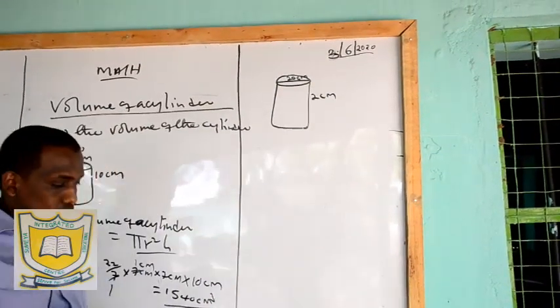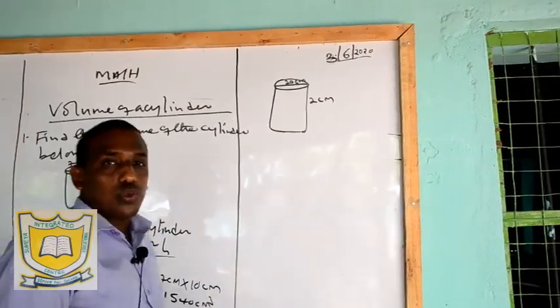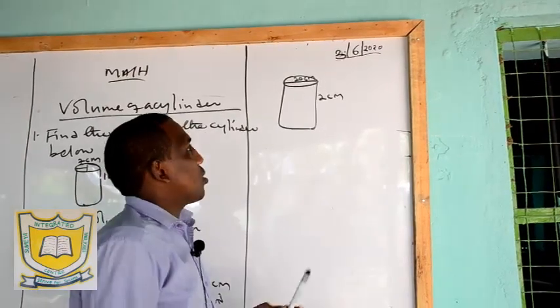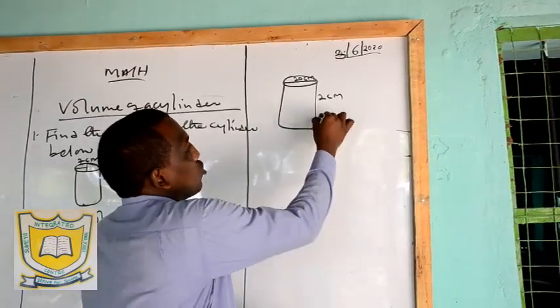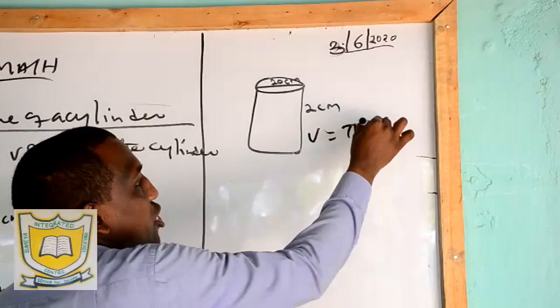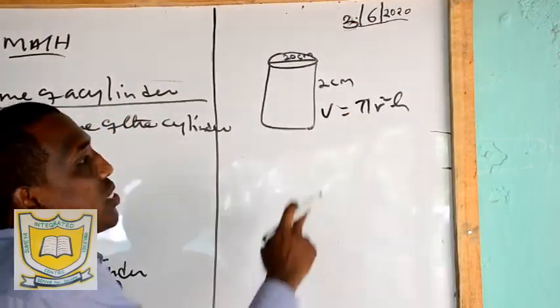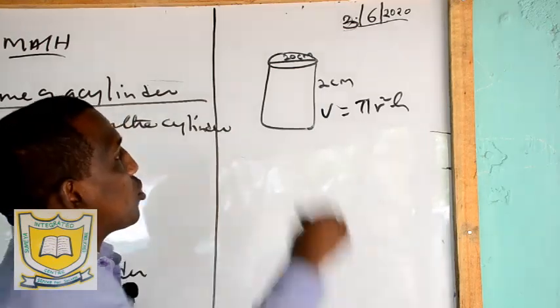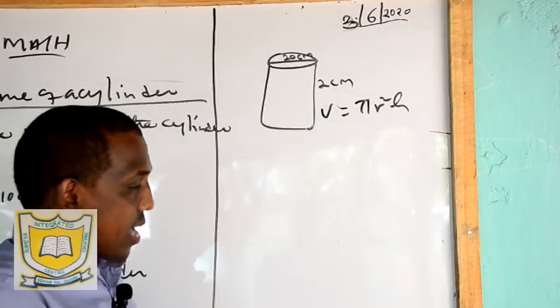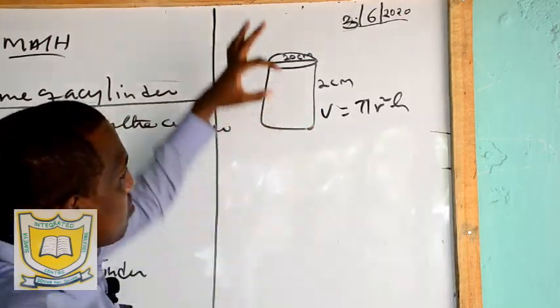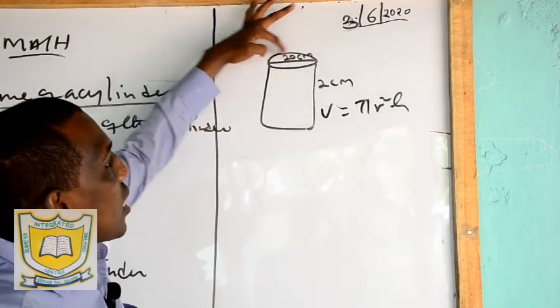Let us find the volume of this one now. To get the volume, the formula is volume equals πr²h, cross-sectional area times height. That's how we do it. So now we use 3.14 because the diameter is not divisible by 7. And remember, this one is the diameter because the line is full.